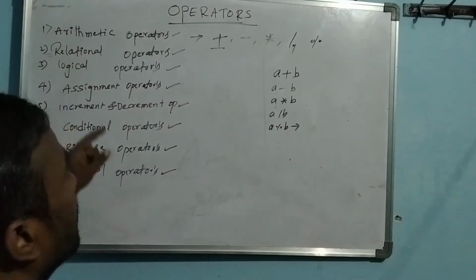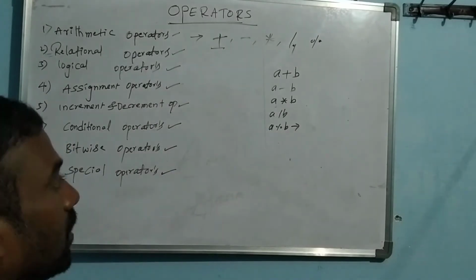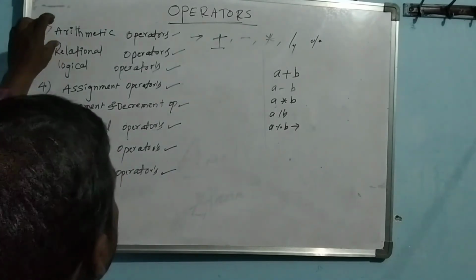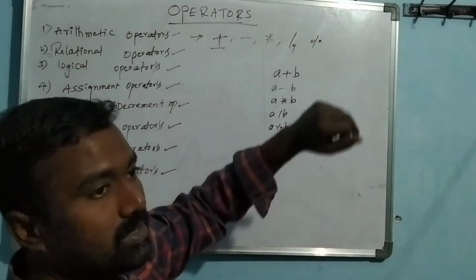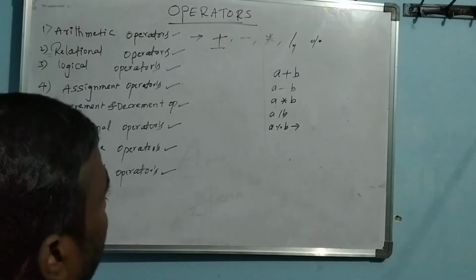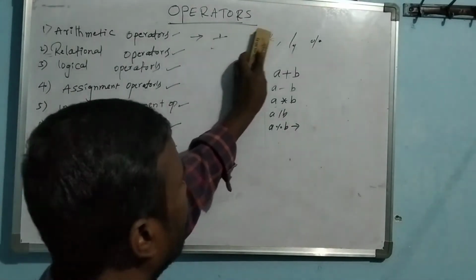We will discuss each and every operator in C programming with examples. These are the arithmetic operators we are using in the C programming language.